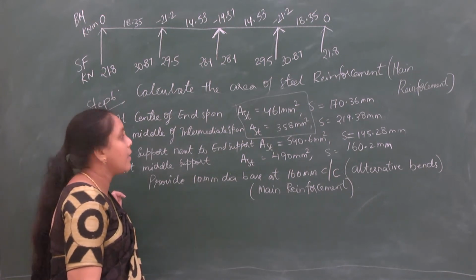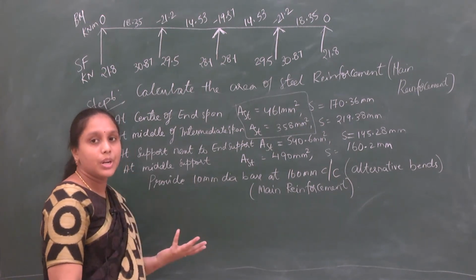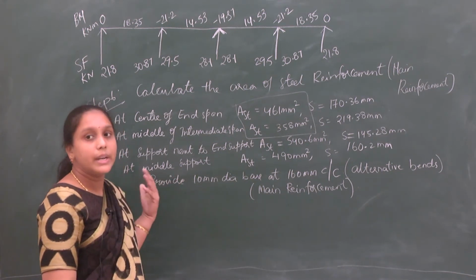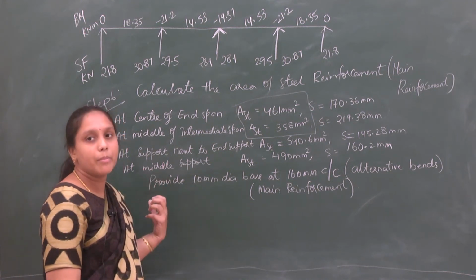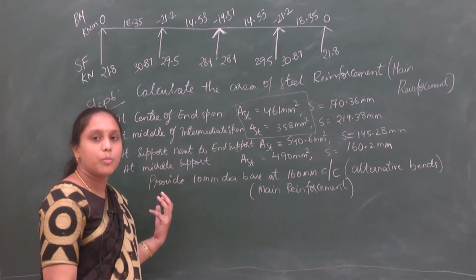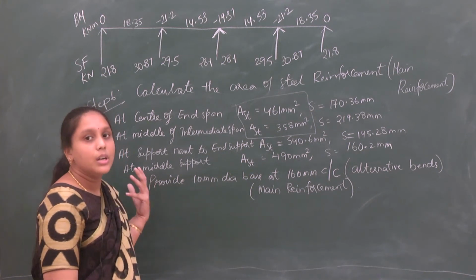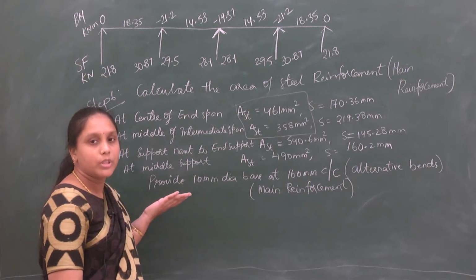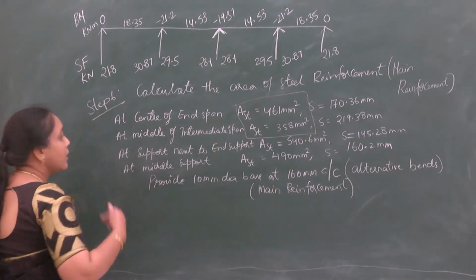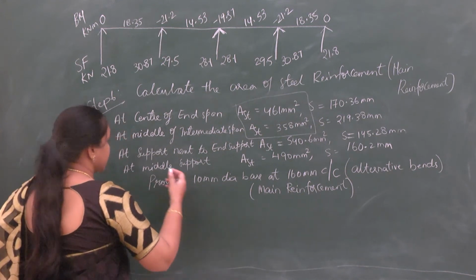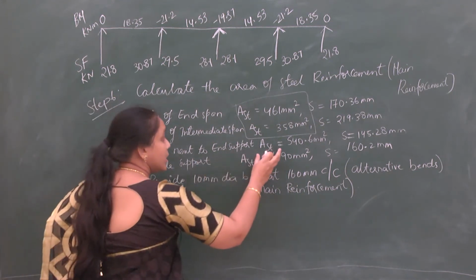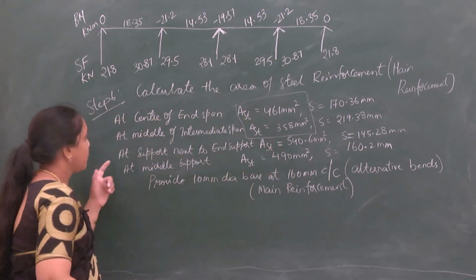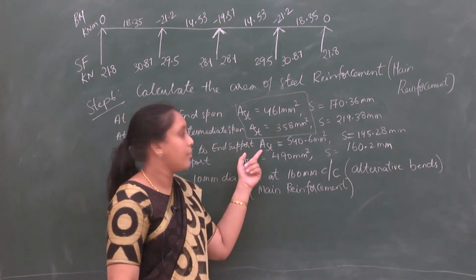So at the supports we have to provide the extra reinforcement bars at the top side of the slab. For that, first we will find out the Ast provided for the end supports.